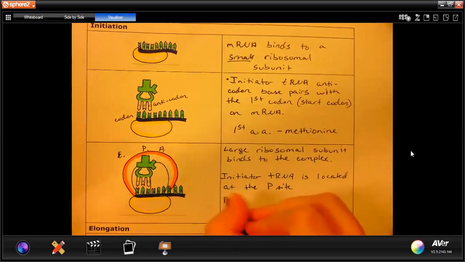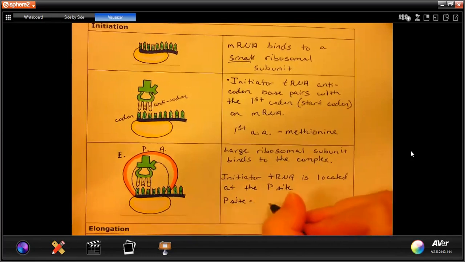P means, for those of you who just need to know, you're not going to be asked this on my test, peptidyl tRNA binding site.